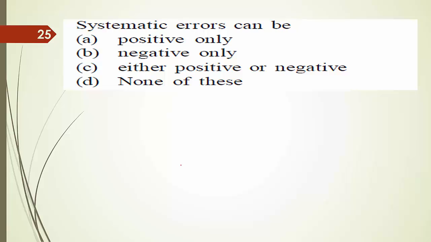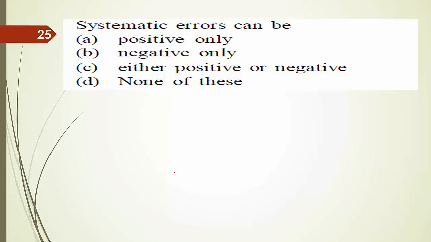25th question: systematic errors can be. Systematic errors are due to known causes. If you know the reason behind the error, then we call it systematic error. If you don't know the reason behind the error, then we call it random error. The options are: positive only, negative only, either positive or negative, none of these.